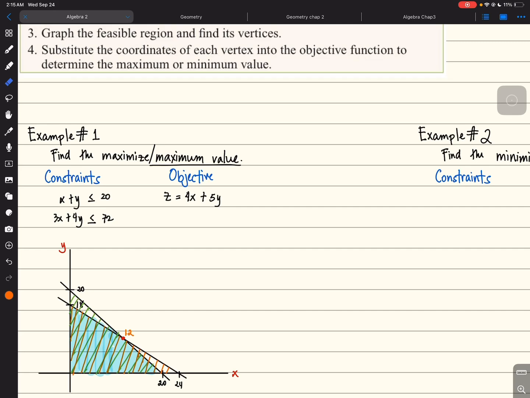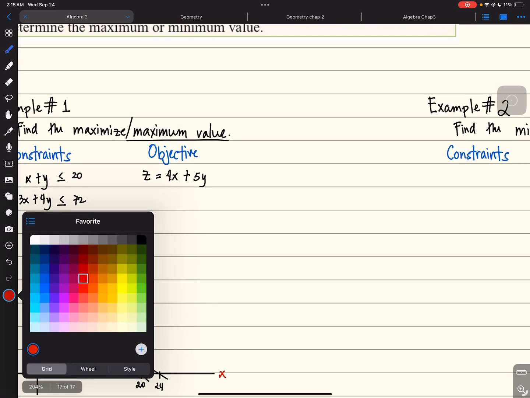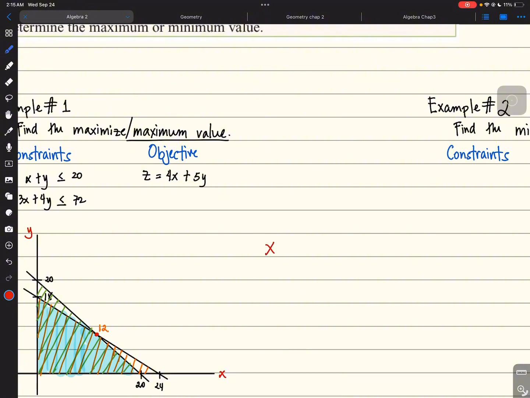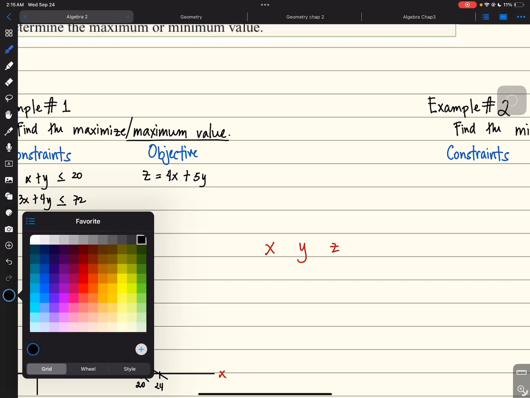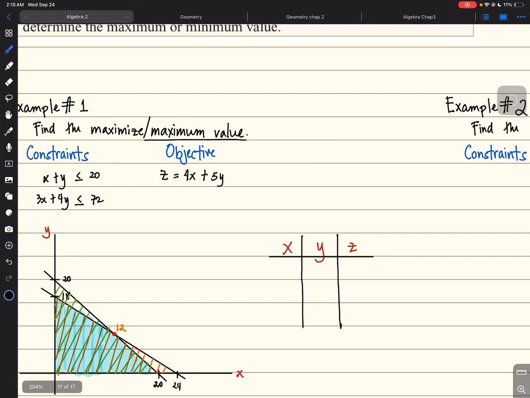Okay, for the table, it's like this. I'm going to use red. So this is x, y, and then z, right? Okay. What is the first x or x-axis? So that is 20.